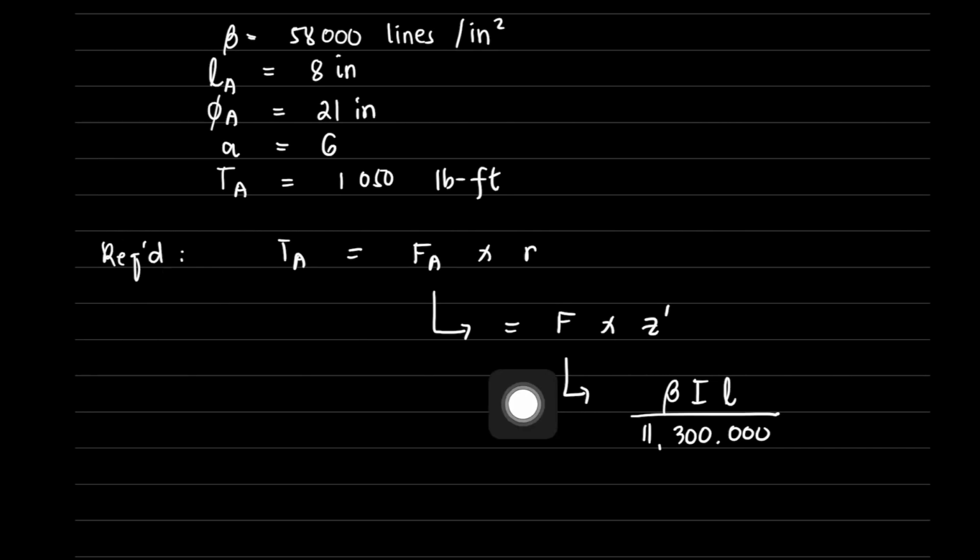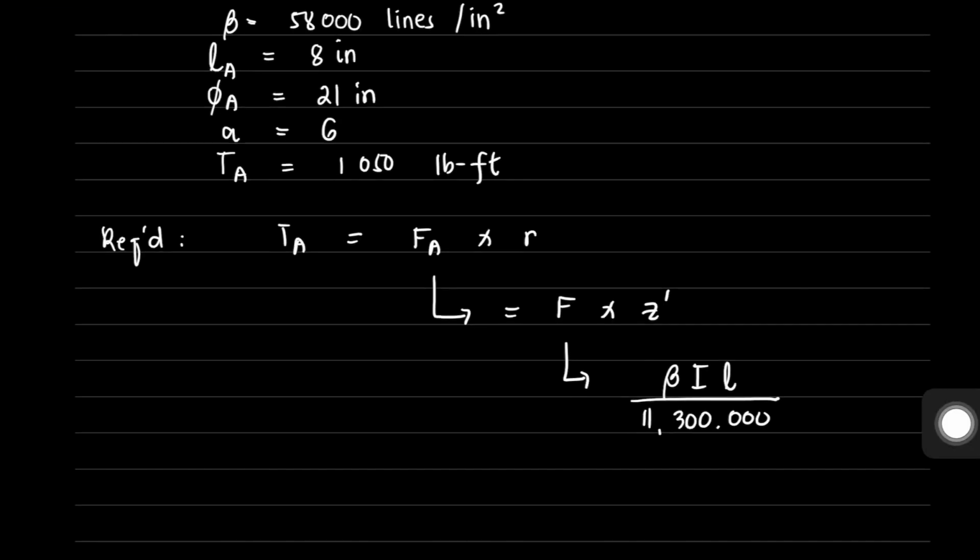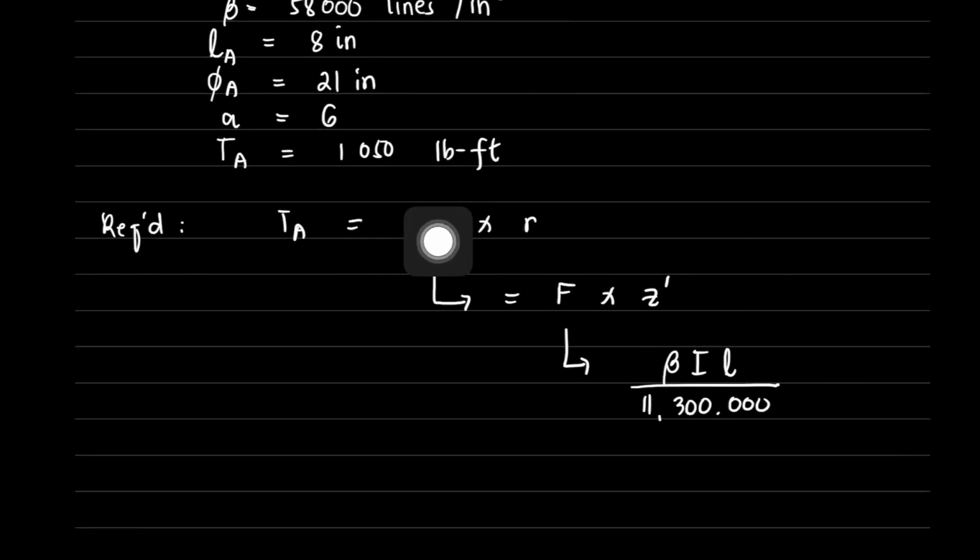So, we solve for the current passing through each conductor, and then multiply it by the number of parallel paths. That would now be the total current in the armature of a DC motor, right? So first, we're going to solve for FA because torque is given.